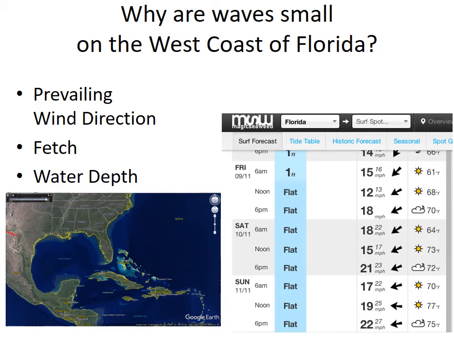So at latitudes below about 30 degrees north, so from the equator to 30 degrees north, the prevailing winds are from the east.